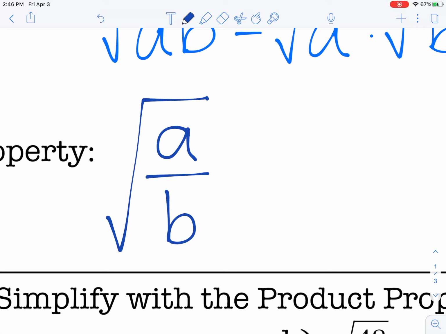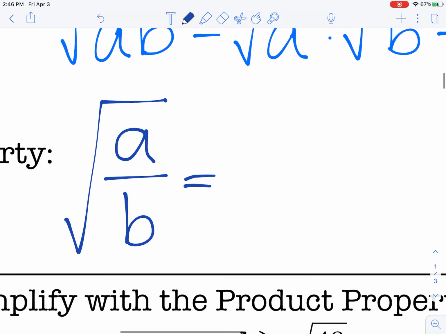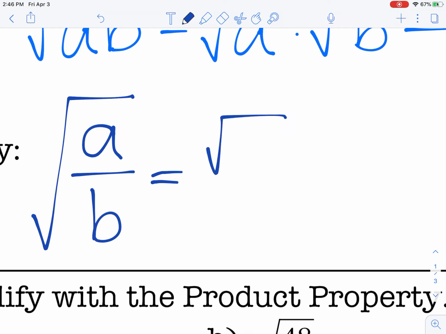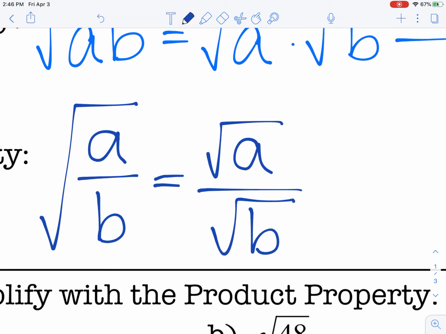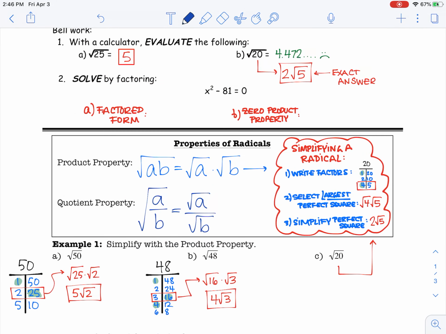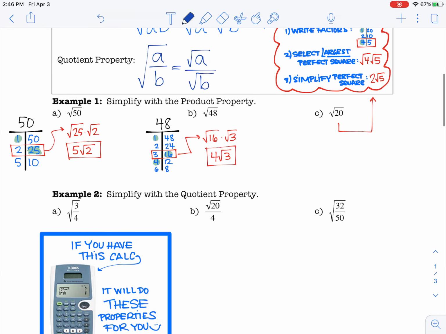So this will come up in the next few weeks, maybe not today on this set of notes. However, it is a property that says you can't leave a fraction under a radical. So to simplify that out, you can just go ahead and look at the radical of both your numerator and your denominator separately and simplify from there.